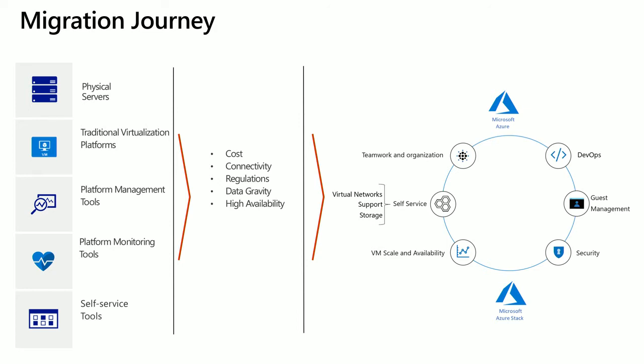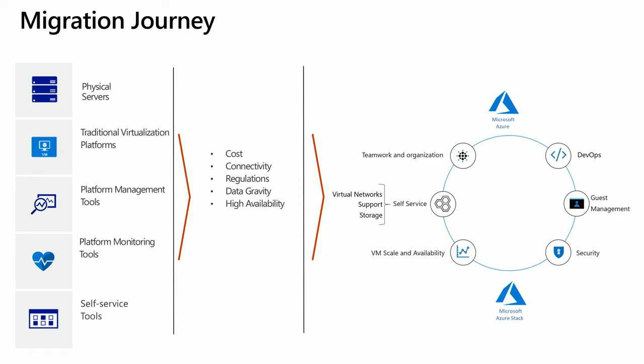So what do you do in those cases? And then regulatory and data gravity requirements. So are you comfortable with moving all of your data to the public cloud, or do you need the cloud capabilities, but you're not ready for that yet? And then, of course, high availability requirements. So like node level fault tolerance, region level fault tolerance, really what are you looking at there? And that will really frame where you migrate to.